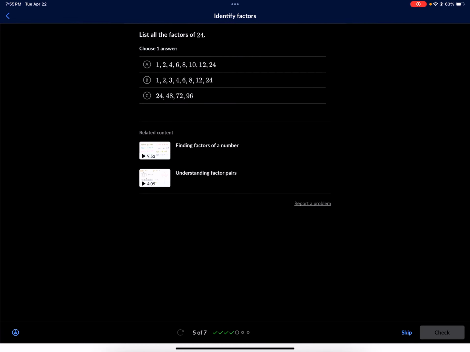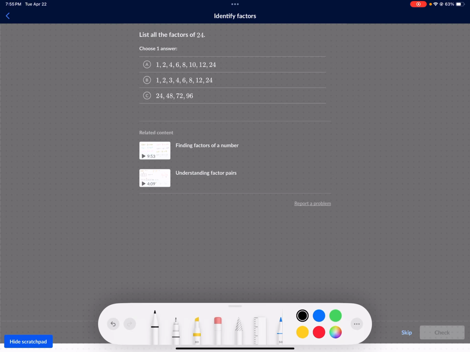List all the factors of 24. So immediately I could cross out this one because these would be if we were talking about 24 going up. But in this case, that's not what we're looking for. Now, can we find an obvious number that isn't a factor of 24? I'm looking at the number 10 here.